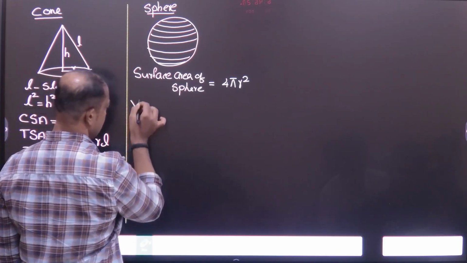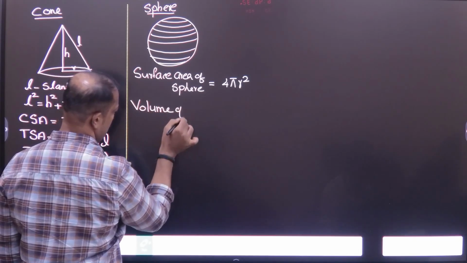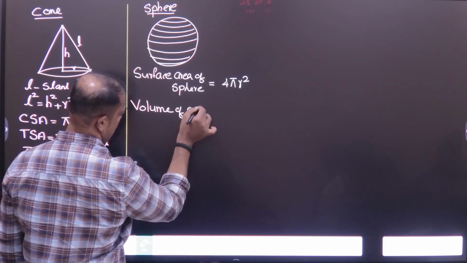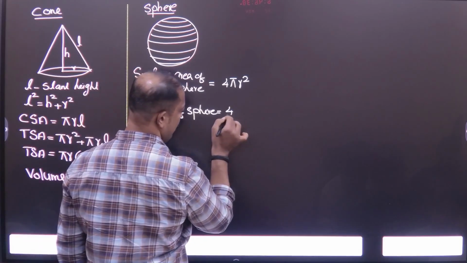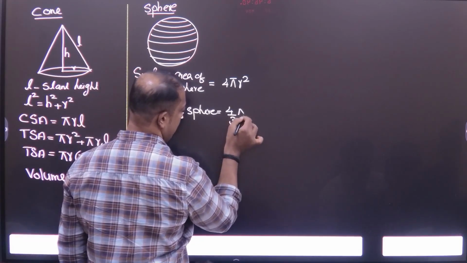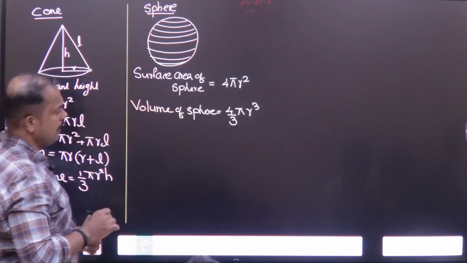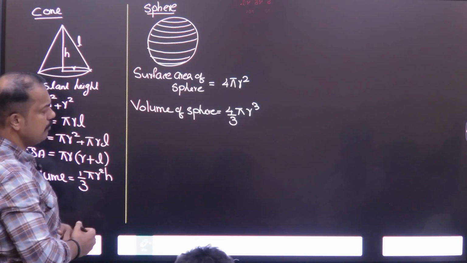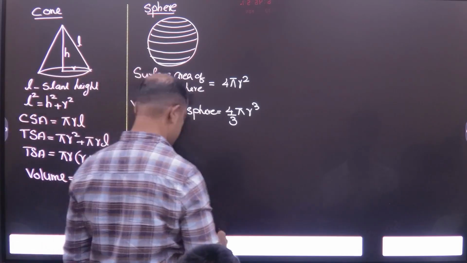And volume is equal to 4/3 pi r cube. So what is the surface area of the sphere? 4 pi r square.